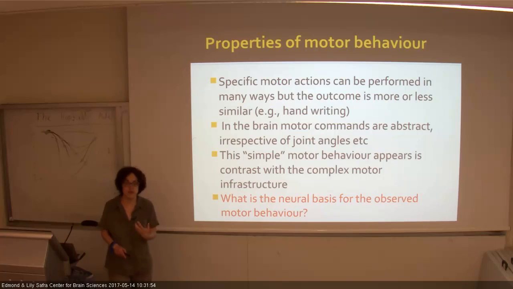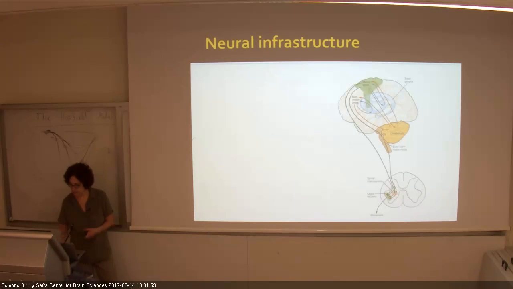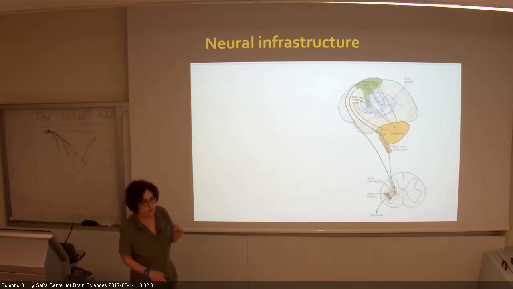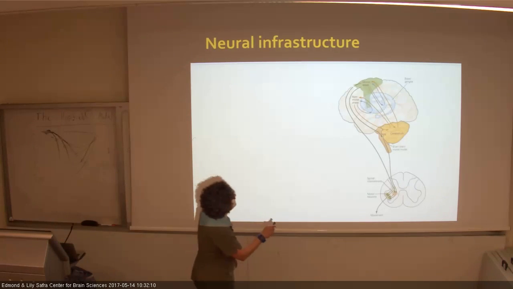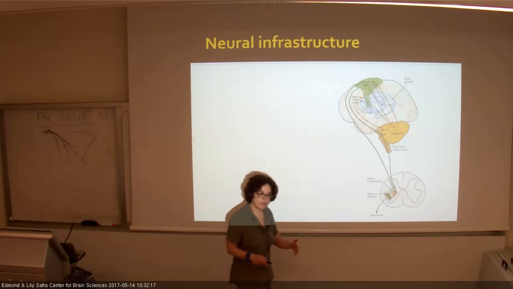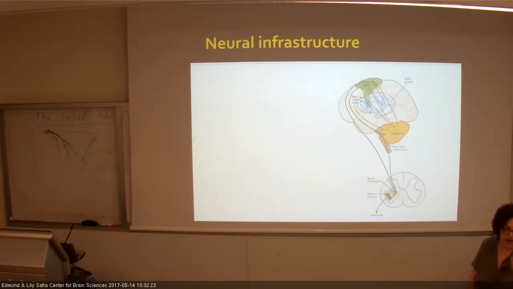How this is done is really the question that we are trying to understand. So what is the neural infrastructure? We know that there are many motor areas contributing to motor actions. We have the motor areas in the cortex. We have the basal ganglia, which is currently implicated in high cognitive, reward-based functions, and I think you will learn about this very soon.